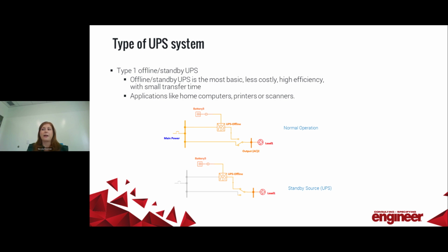They're not typically recommended for critical loads or sensitive equipment. They provide surge protection and a battery backup. So it protects you against power problems like spikes, transients, and electrical noise, and they're most suited for items like home computers, printers, scanners, that type of thing.